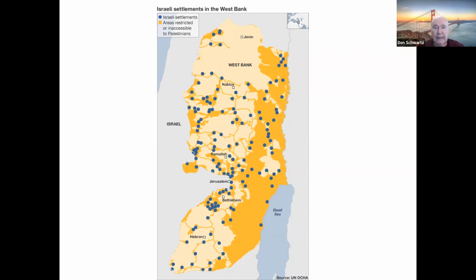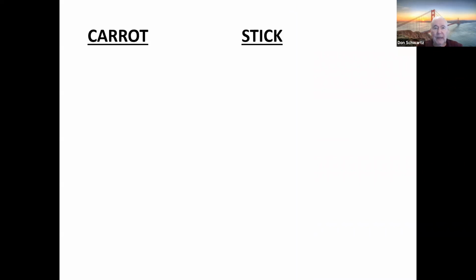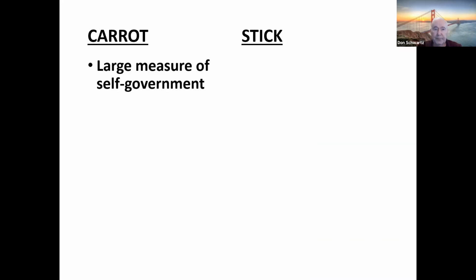Now, throughout the 1960s and 1970s, Israel adopted a carrot and stick policy towards Arabs in the conquered lands. The carrot was to give people in Gaza and the West Bank a large measure of self-government.